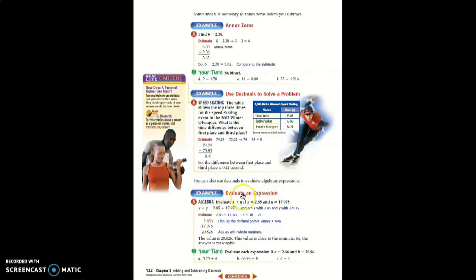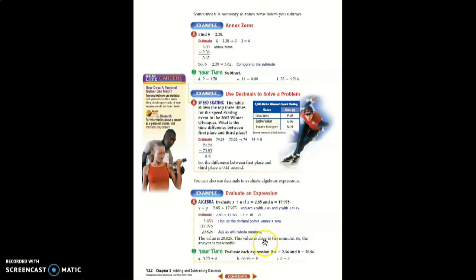You can also use decimals to evaluate algebraic expressions. Example: evaluate an expression. Algebra: evaluate x plus y if x is 2.85 and y is 17.975. The value is 20.825.